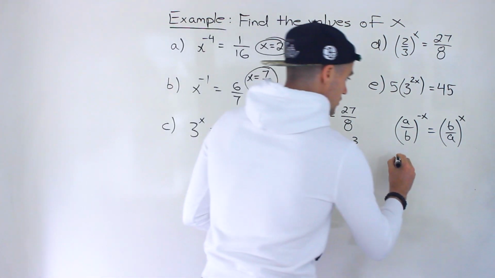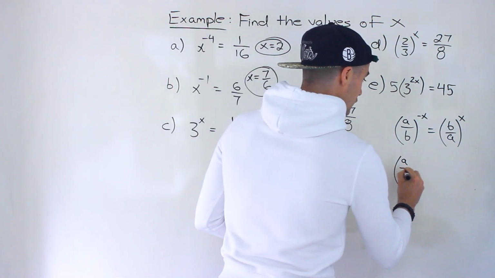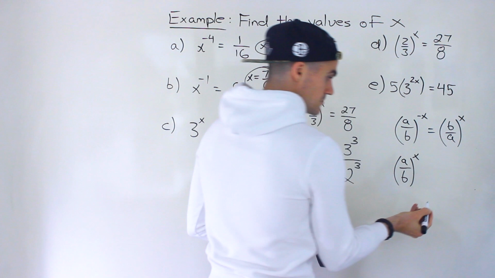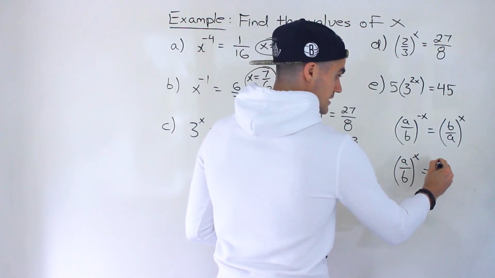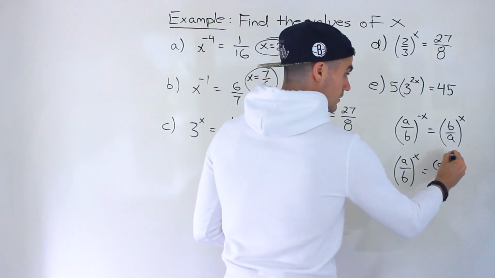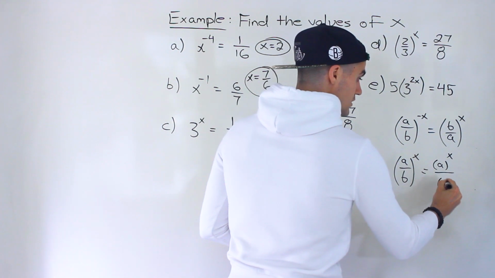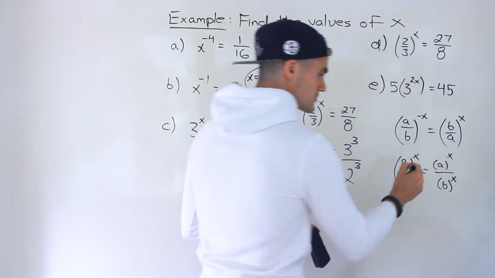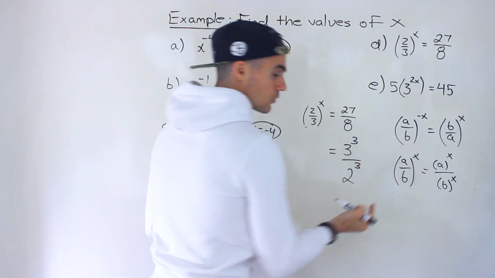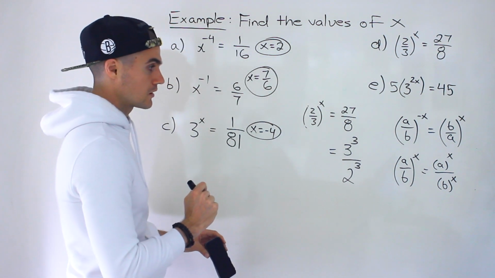Now, just in general, if you have a fraction to an exponent, that's equal to the numerator to that exponent over the denominator to that exponent. You could take that exponent and distribute it, quote unquote, to the numerator and denominator.